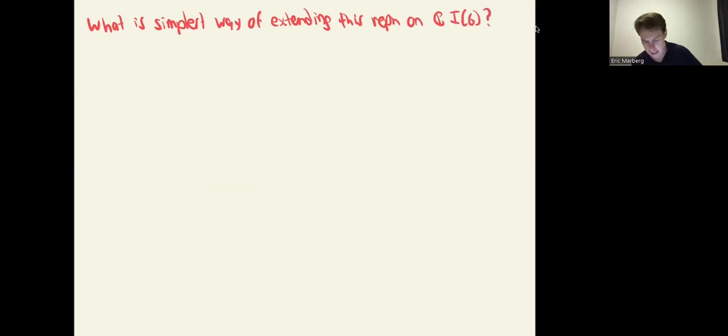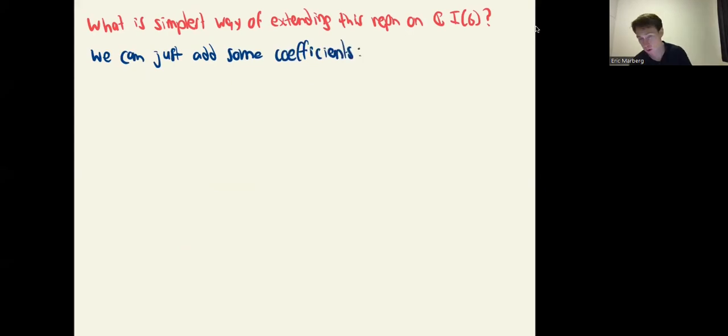Well, we can just try to add some coefficients. So rather than working with a permutation representation, where every element of G is acting as some permutation matrix, we can look for a monomial representation. So a representation where every element of G is acting as a permutation matrix where we change some of the ones to arbitrary non-zero scalars.